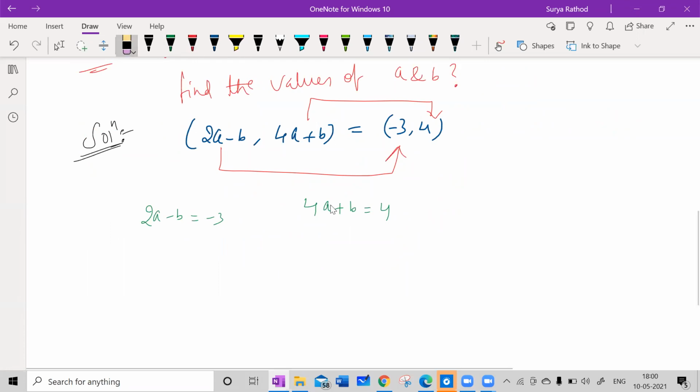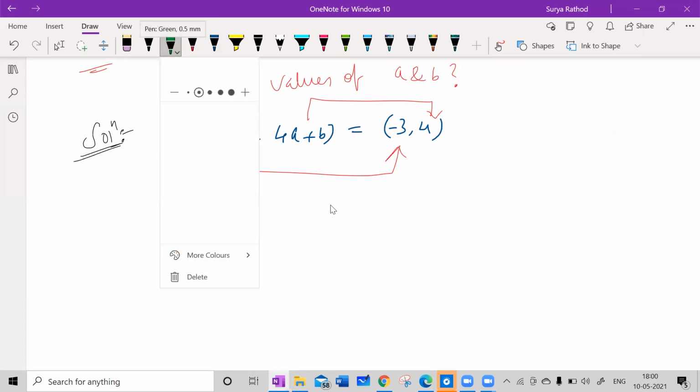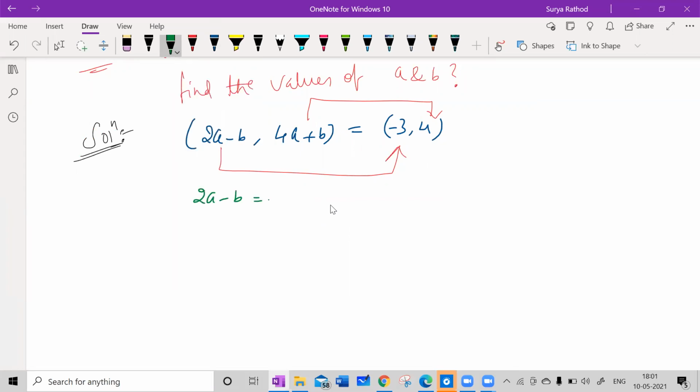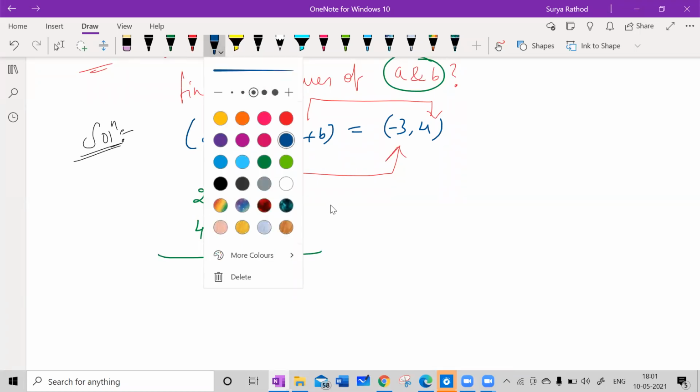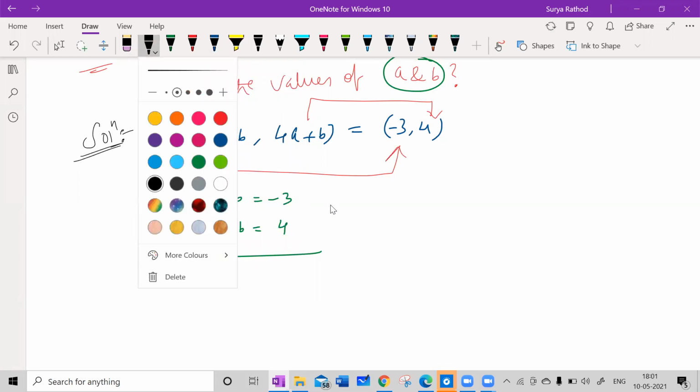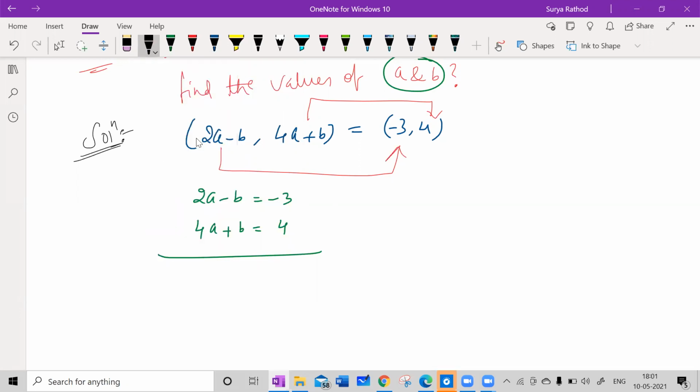So 2a minus b is equal to minus 3, and 4a plus b is equal to plus 4. I'm asking you to find a and b. How can I find it? If I add these two equations, b and minus b will get cancelled.